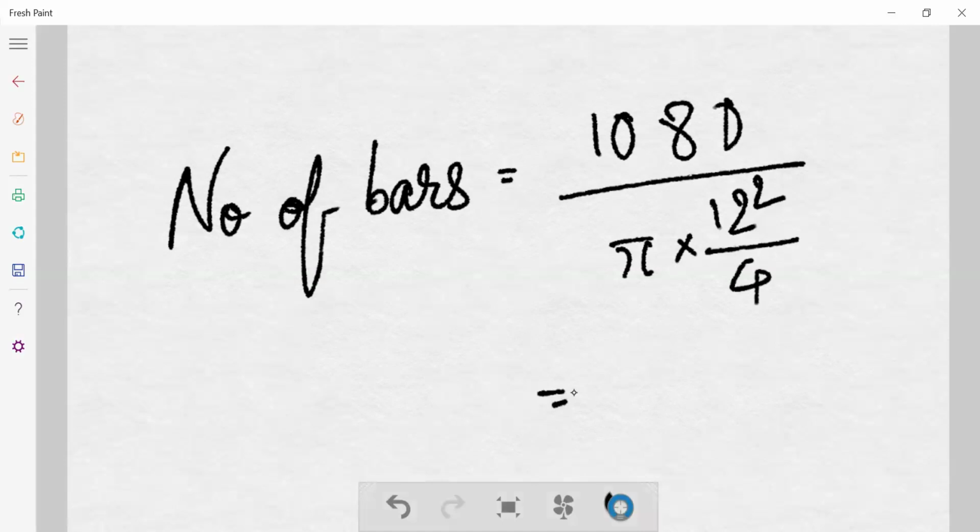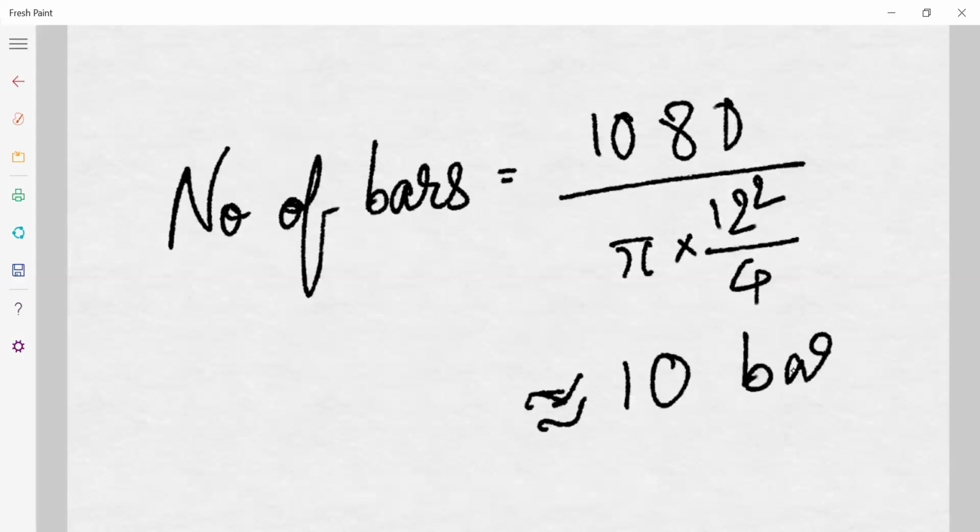So I'll calculate it. 1080 divided by pi into 12 square, 9.54. So like it is around 10 bars. So that is the end of the problem. Thank you.